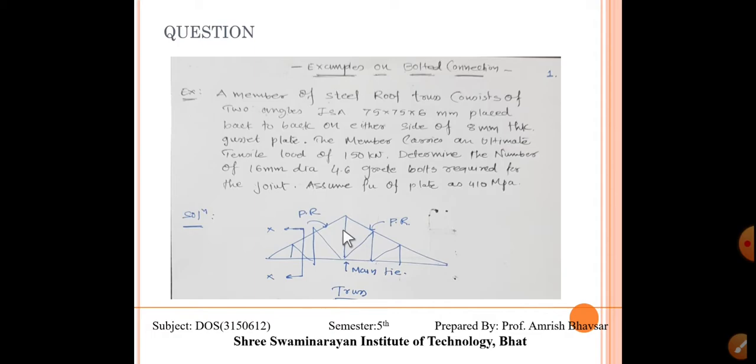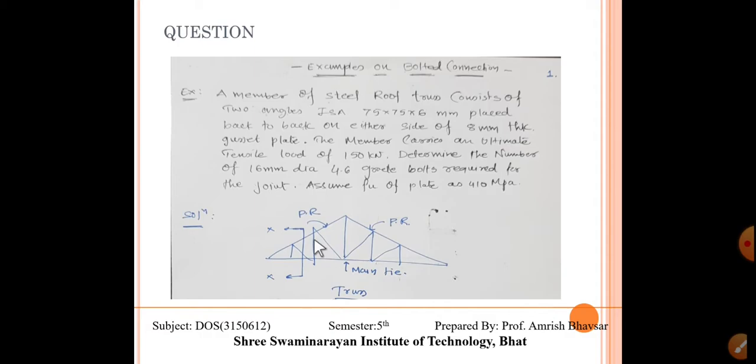It is generated by the connections like that, they form triangles, and all the joints of this truss must be pin joints. So in this case we are going to design a member of the truss.